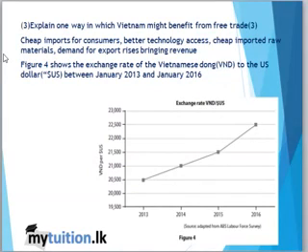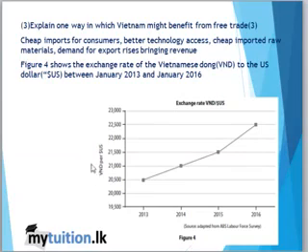Okay. So figure 4 shows the exchange rate for Vietnam dong to the US dollar between Jan 13 and Jan 16. So this is in Jan 2013 it was 2,500, in Jan 16 it's 22,500. What has happened?